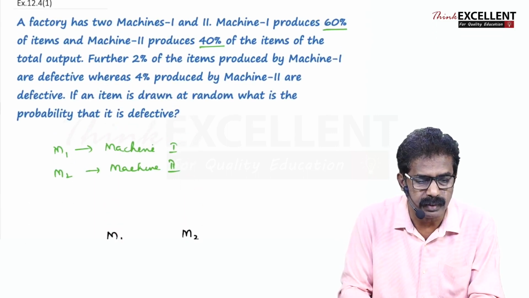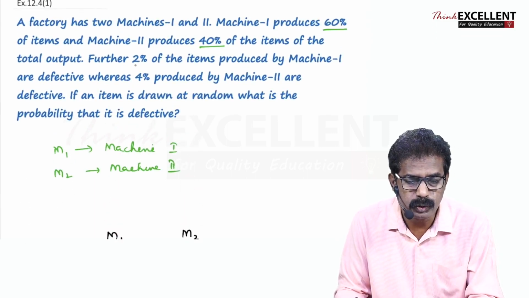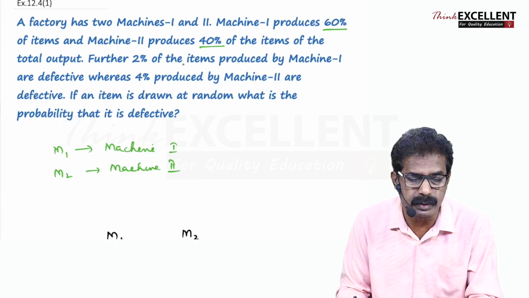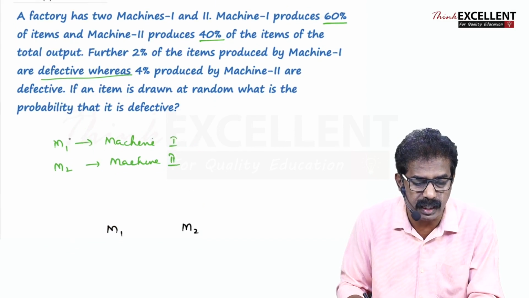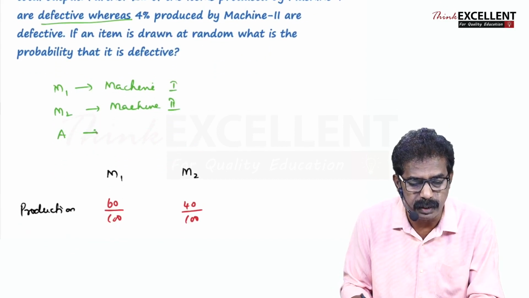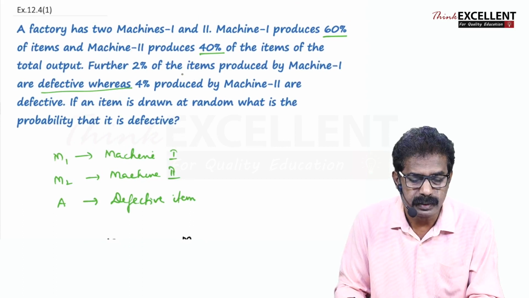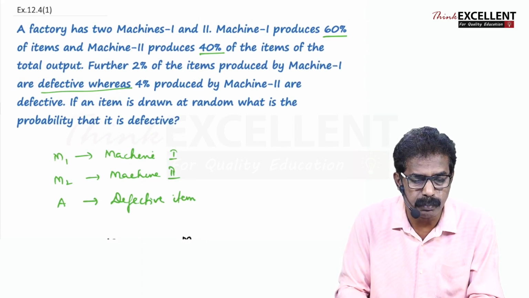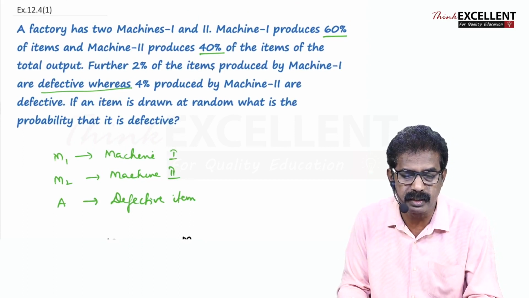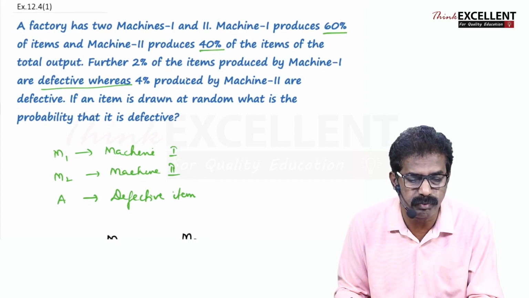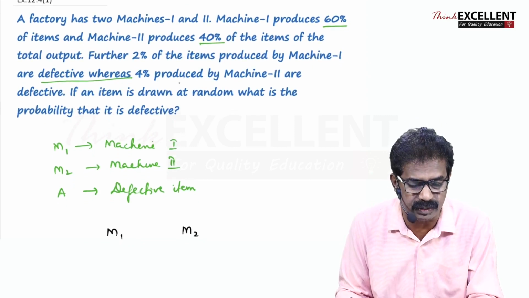Now see what else is given here. Further, 2% of items produced by machine 1 are defective, and 4% of items produced by machine 2 are defective.